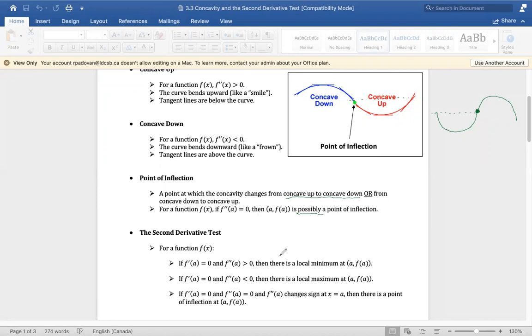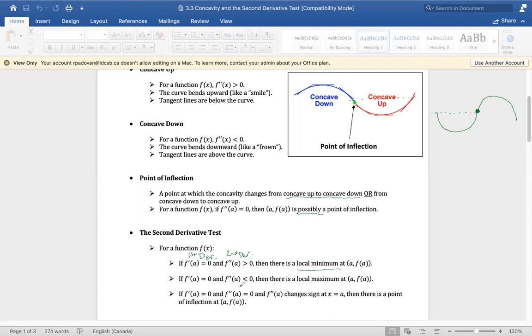So the second derivative test: if I have my original function f of x, now be careful here, this is the first derivative. If my first derivative evaluated at a is equal to 0, but then when I do the second derivative I get a value that's greater than 0, then I have a local minimum at that coordinate point.